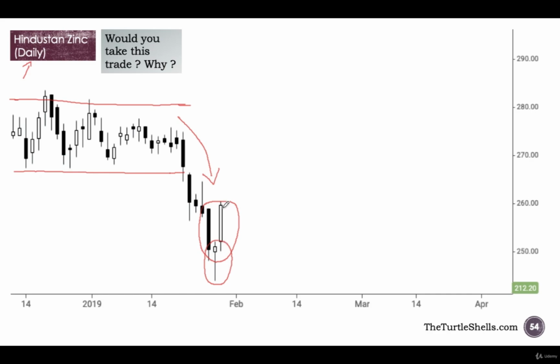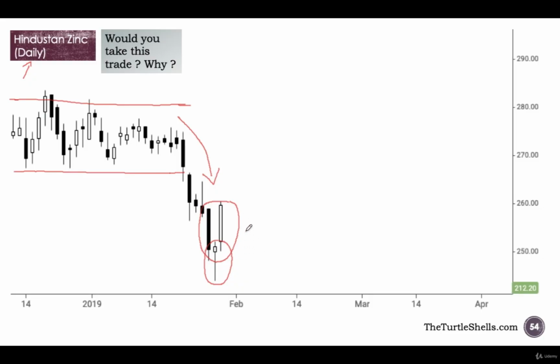The long white real body has easily closed above the midway point of the first black real body. In fact, it has closed above the opening of the black real body, which is even more powerful. So it's a very powerful sign.